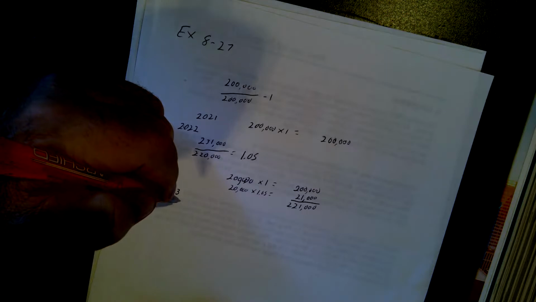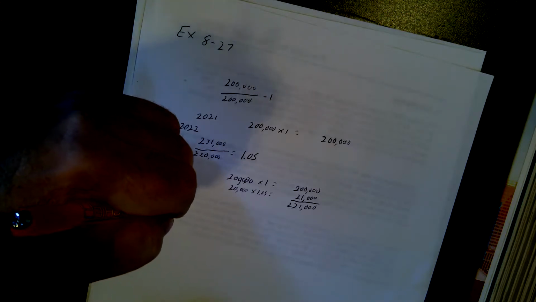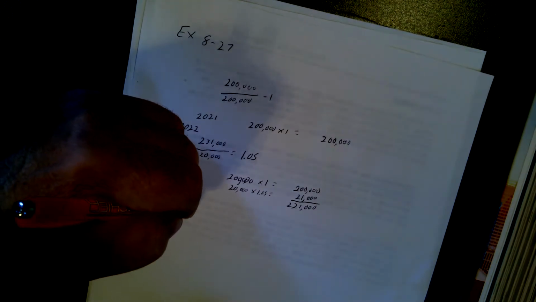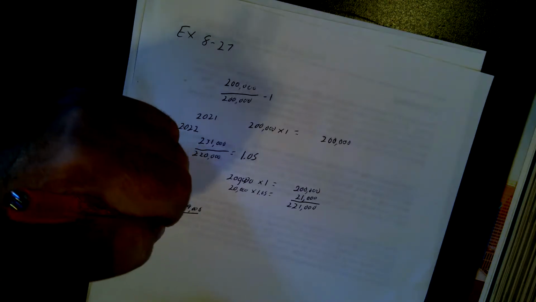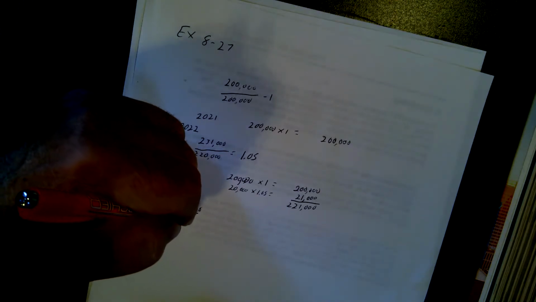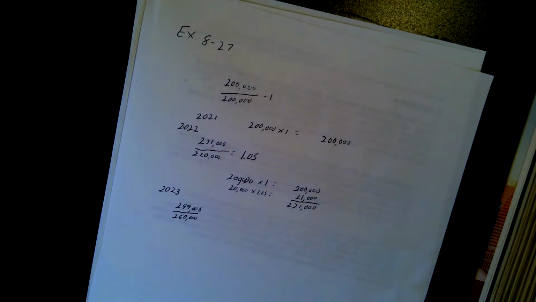Then in 2023, we're going to have the index of 299 divided by 260,000, and that's going to equal 1.15.